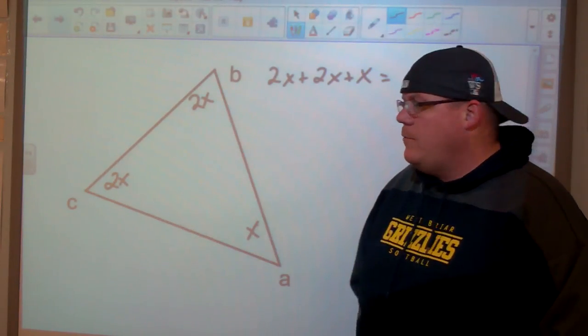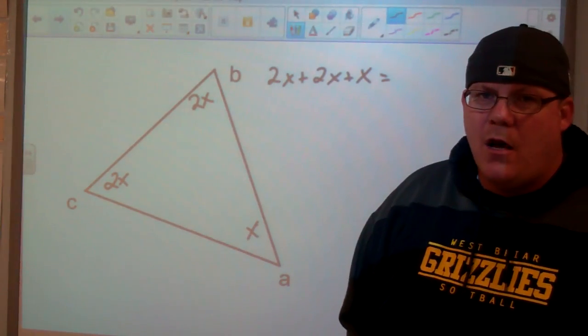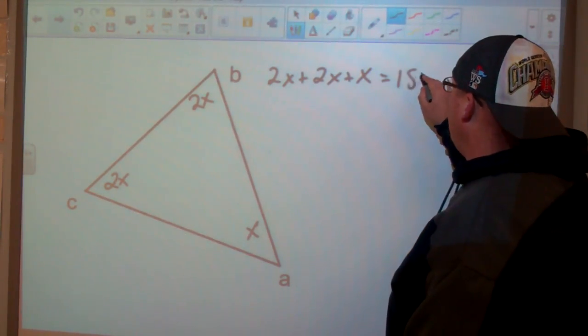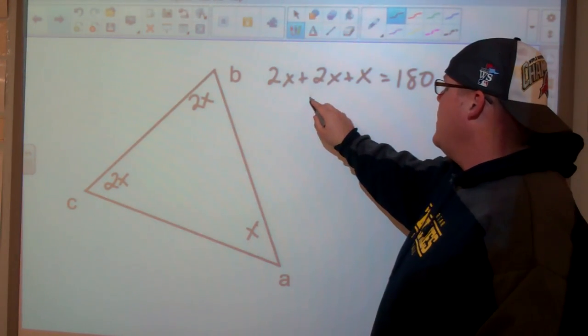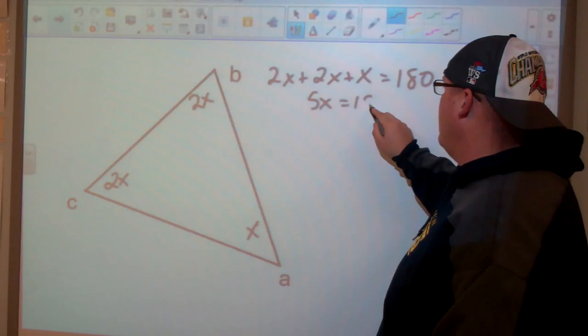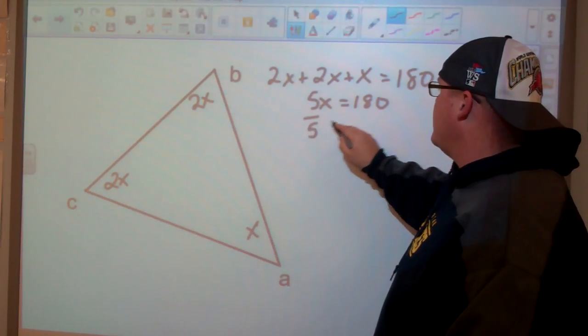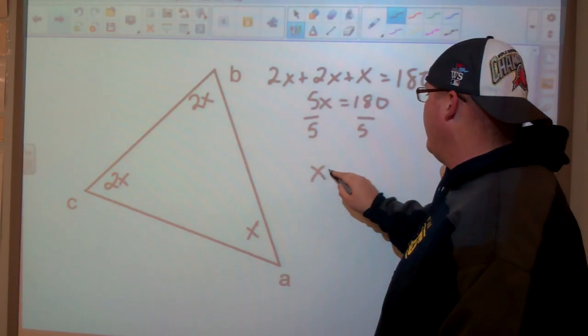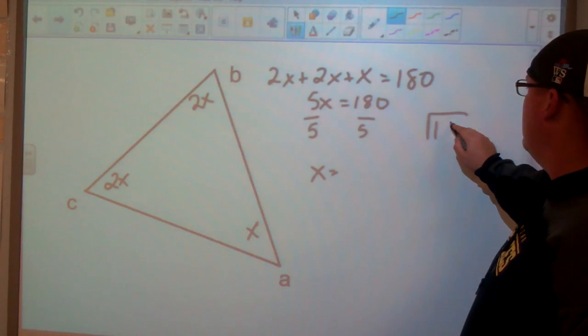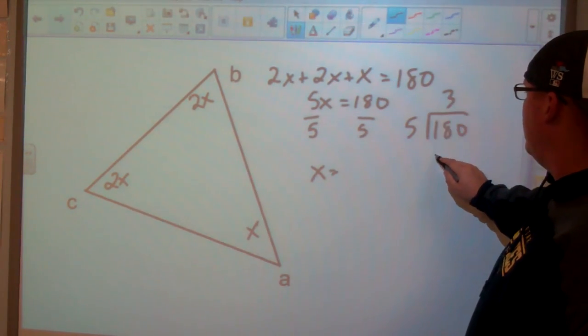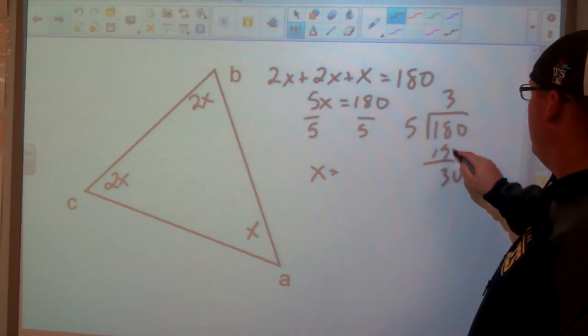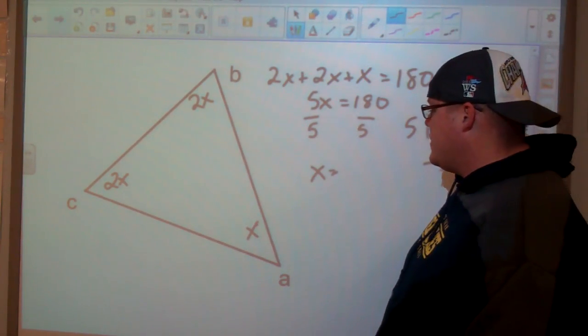Again, what does that equal? We said that equals 180 degrees, so it equals 180. I'm going to add all my like terms together: 2x, 2x, and x is 5x equals 180. Using inverse operations, divide by 5, divide by 5. x equals 180 divided by 5, which is 36. So in this case, x would be 36 degrees.